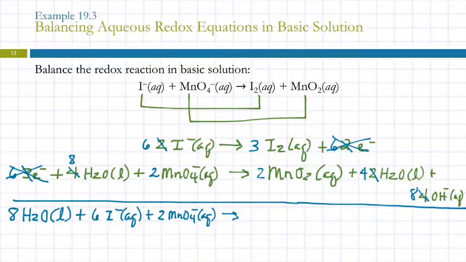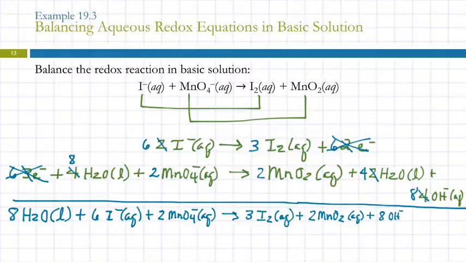Did I get everybody? Yeah, got everybody. And then I'm going to do 3 I2, sorry, aqueous. And 2 MnO2 aqueous. And then I've got 8 hydroxide ions. Ooh, I'm going to make it on one line. And 4 water molecules.